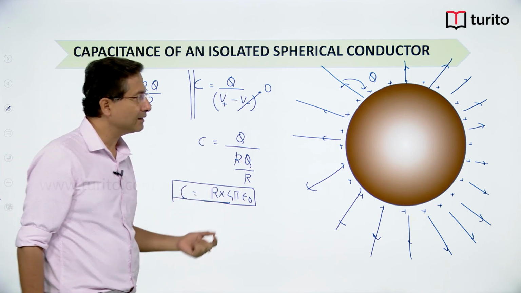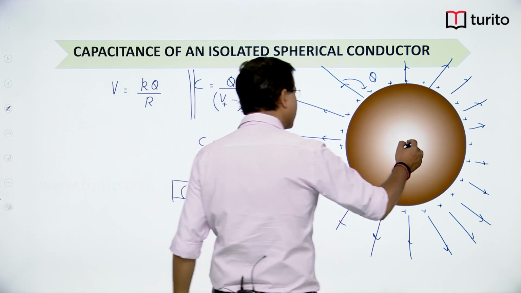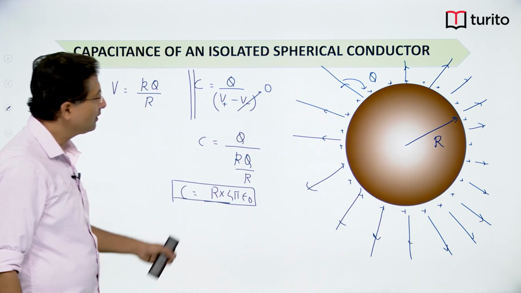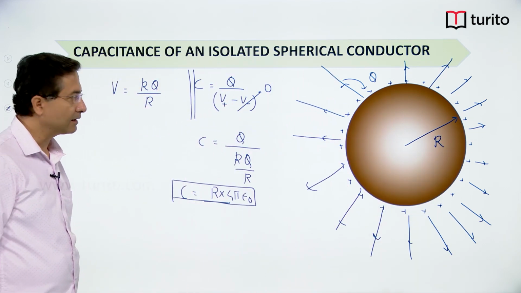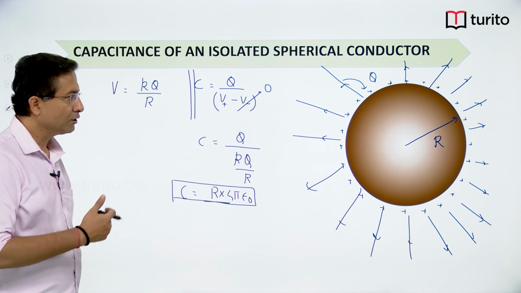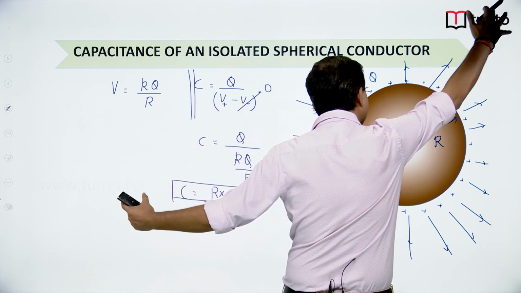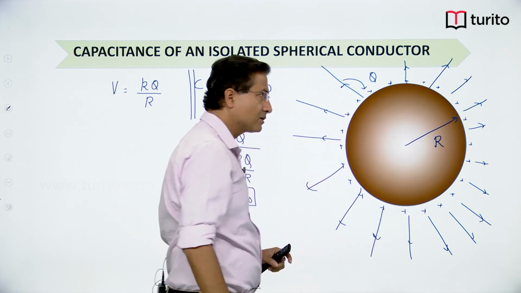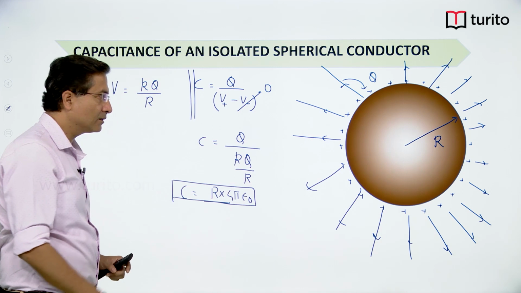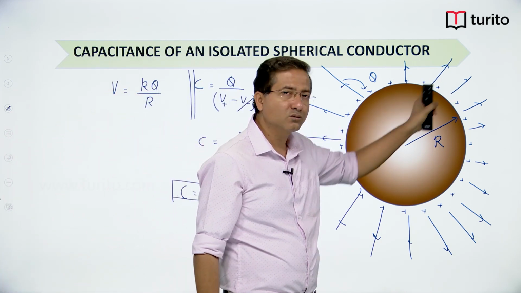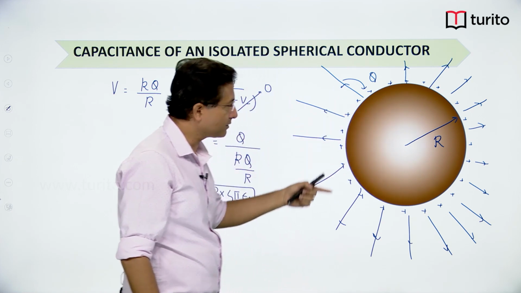So, higher the radius of this one or larger the radius of this one, larger will be the capacitance, right. If I place the second one at some finite distance, so this one is having say radius r, another one is having radius 2r, 3r, then what would be the capacitance?